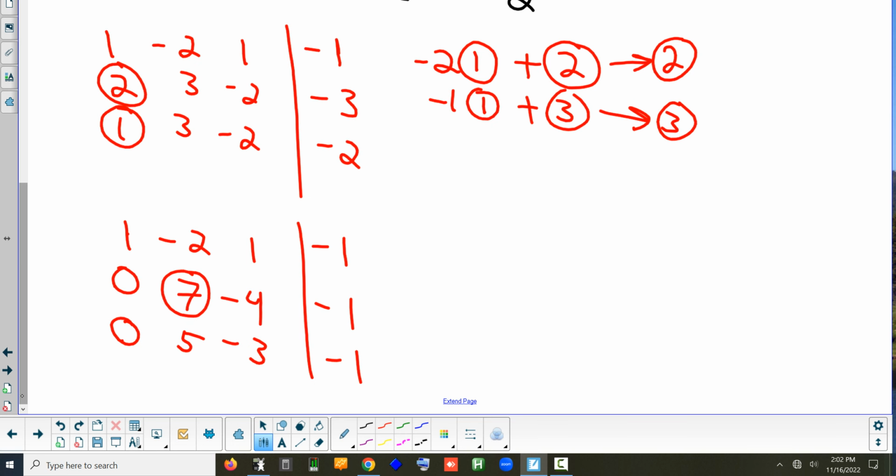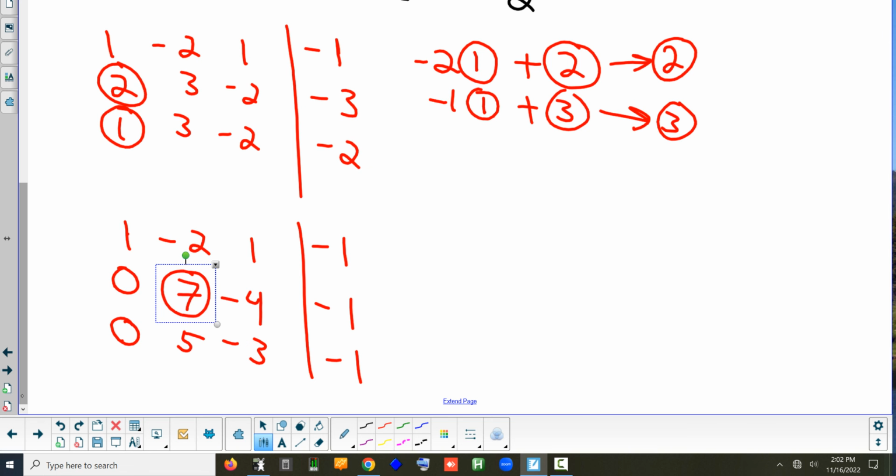What could we multiply this row by that would make this a 1? Yep, that's it, 1/7. It's not my favorite number to have to use right here, but that's what we have to do. We need to multiply this entire row by 1/7.